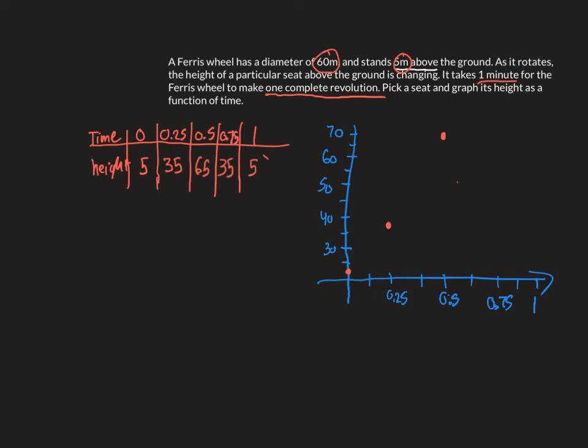And at 0.75, we're going to be right back over here. And then we're going to be back at 5. To connect them all, my very, very nice parabola curve there. And that's it. What do you notice? Well, it's a parabola. It's basically symmetrical.